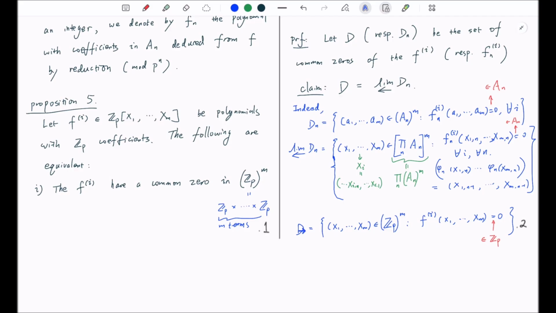And now let us see why this D is equal to the projective limit of D_n's. Because each Z_p is a projective limit of A_n's, and each x_i is in Z_p, each x_i satisfies the compatibility condition. Putting all of those compatibility conditions together, we get this equation.